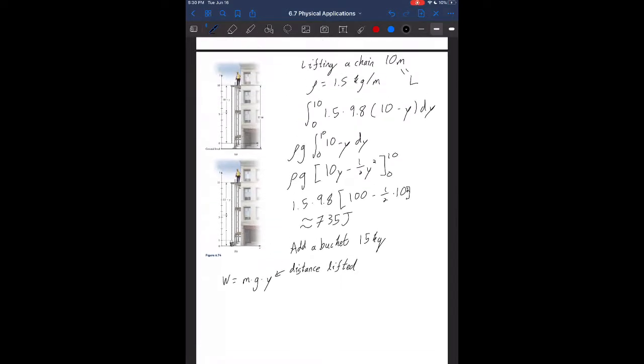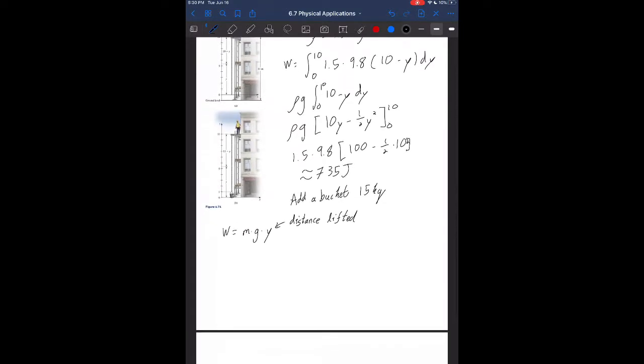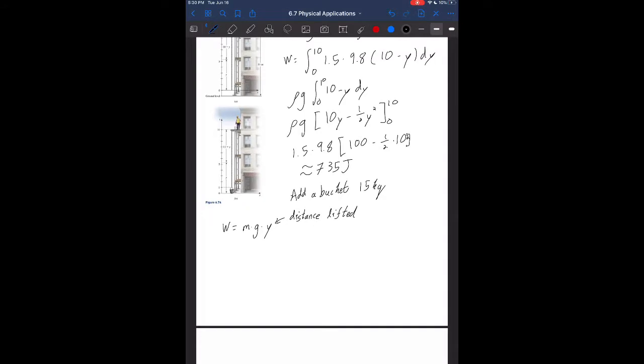I think I misspoke before. In this last problem we were finding the work, not the amount of force needed, because we are integrating over a distance, and that means we are indeed multiplying force times a distance, which is going to give us work, which is why our final answers were in joules. So this is work problems instead of force problems. Apologies for that. But, right, we have this formula for work, which is just force times distance lifted.